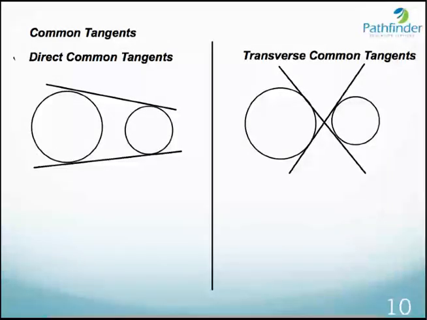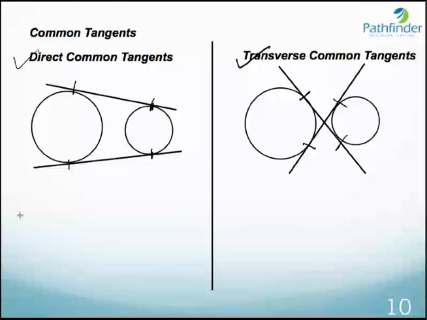Now what we need to know in case of both direct and transverse common tangent is the distance between the two points of contact. Now we will take a look at a formula which gives us the answer for the distance between the points of contact in case of common tangent.